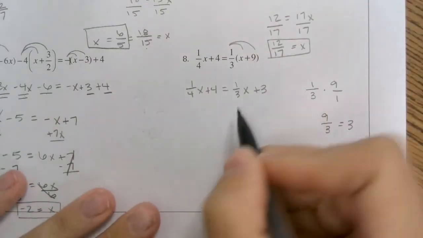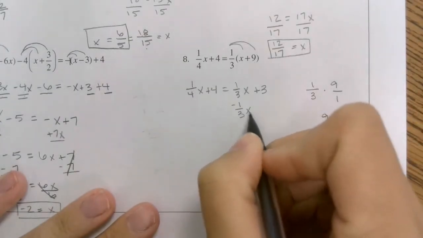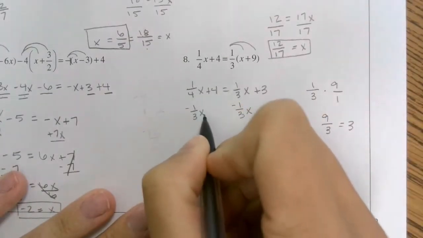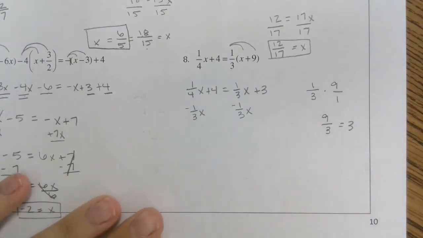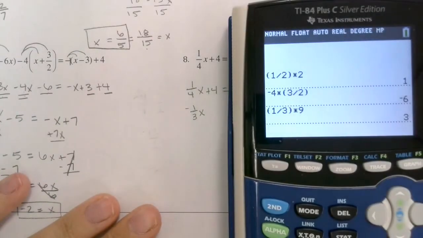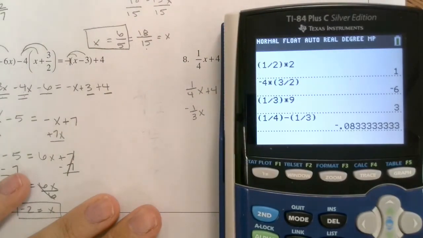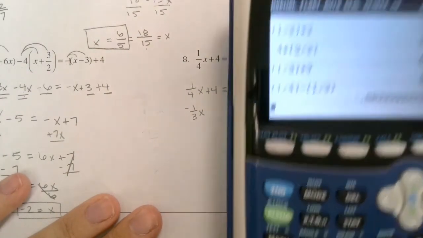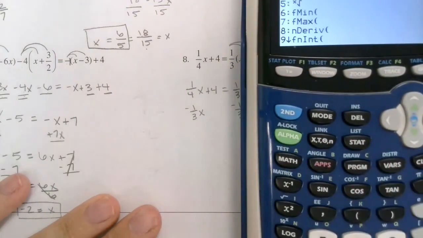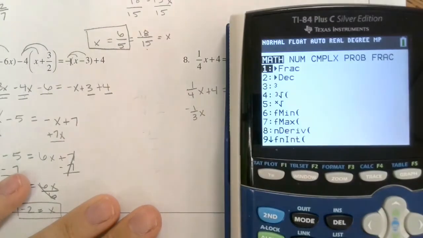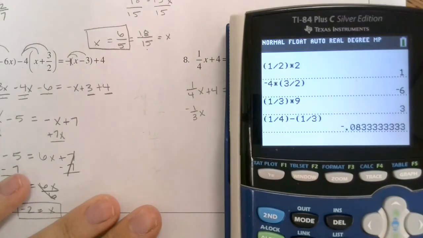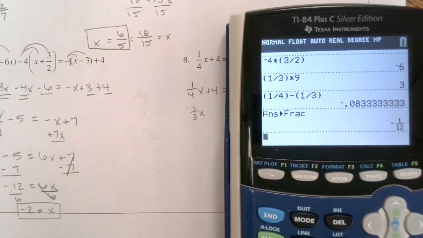All right, so now we can combine. So we're going to go ahead and subtract 1/3 x here. All right, so in the calculator, this would look like 1 divided by 4 minus 1 divided by 3. I think that's correct. Yep. Okay, now, when this gives you a decimal, we can go here, press math, and then enter, math, enter, enter, and it'll change it to a fraction for you.